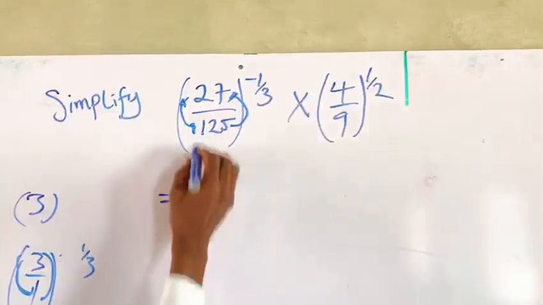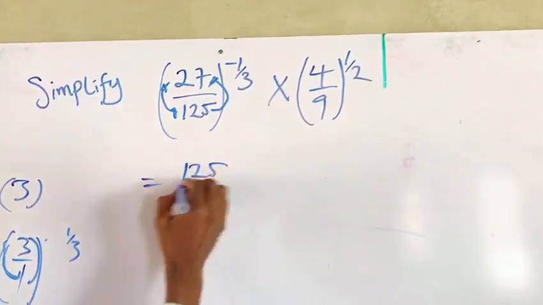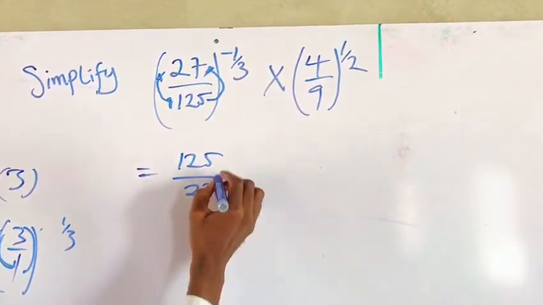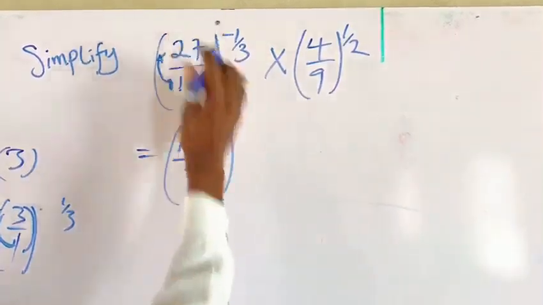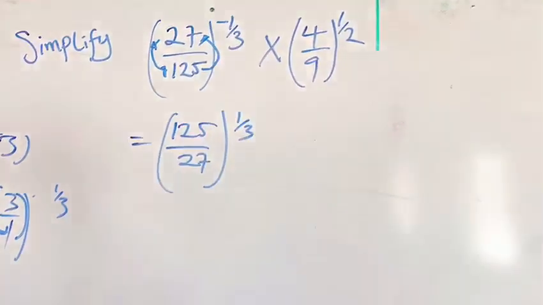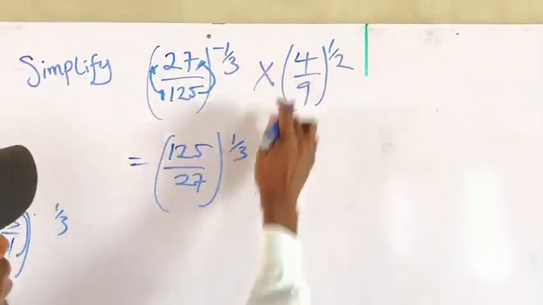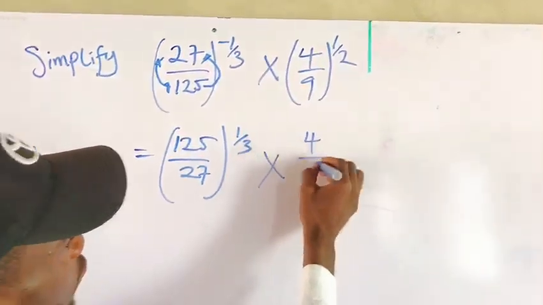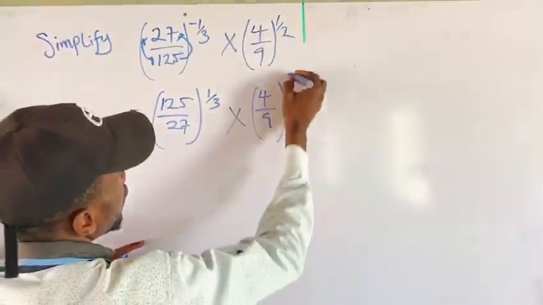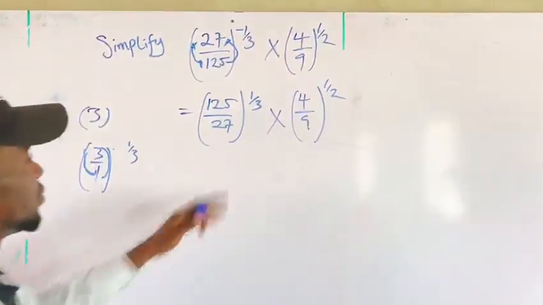So this is equal to what? This is equal to 125 over 27. So automatically the minus is gone. I'm left with what? I'm left with 1 over 3, now times this guy, 4 over 9 raised to the power of 1 over 2. So this is what I'm left with.